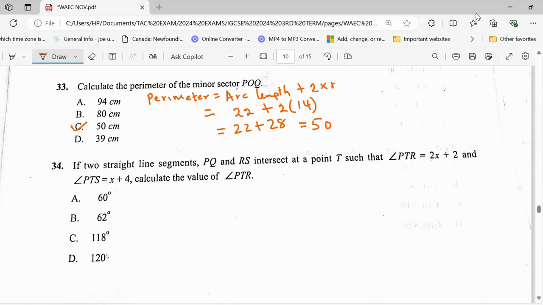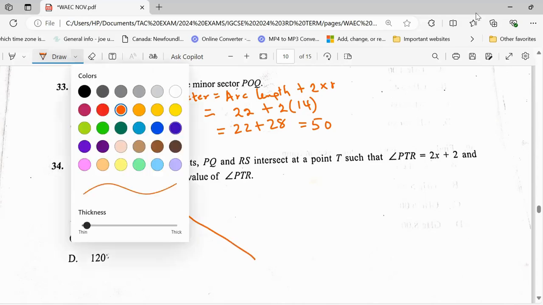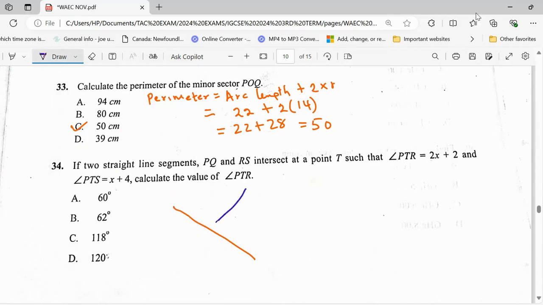Now, let's take a look at the 2 intersecting lines. We have this line and we have this line intersecting. So we can call this line PQ, and this is line ROS. And this is where our T is. Okay.